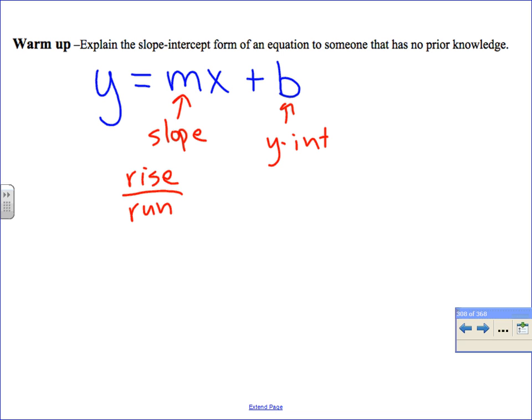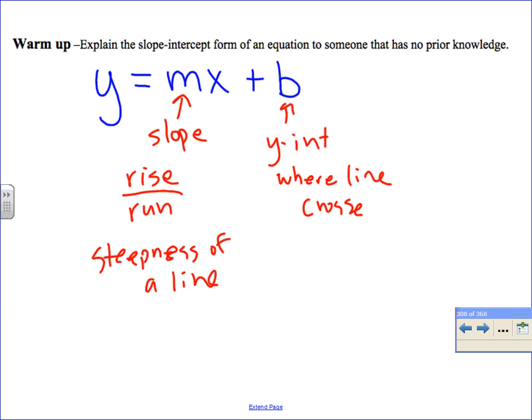Slope what? Oh, how steep. Okay, good. So the steepness of a line. Perfect. Donatus, what else could you say? Okay. So how about where a line crosses the y-axis? What if I say that?